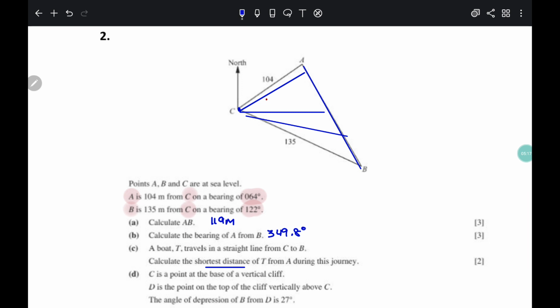If it's the shortest distance, it must be perpendicular to AB. So this is the distance that I'm finding. Let me label that as X. How would you calculate that distance?